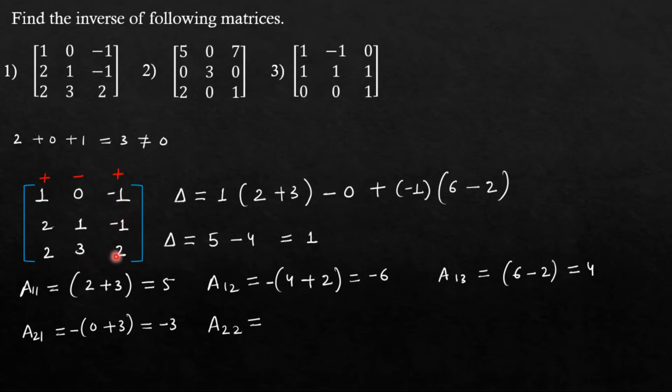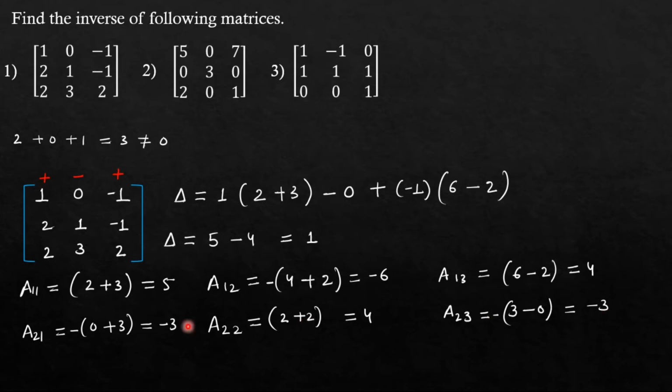So 2 into 1, 2, and 2 into minus 1, minus 2, minus plus 2, which is 4. Now A23, for this element, I will neglect this column and this row. So 1 into 3, 3, 2 into 0, minus 3 minus 0, with a minus sign. Plus, minus, plus. So that is why here a minus sign.